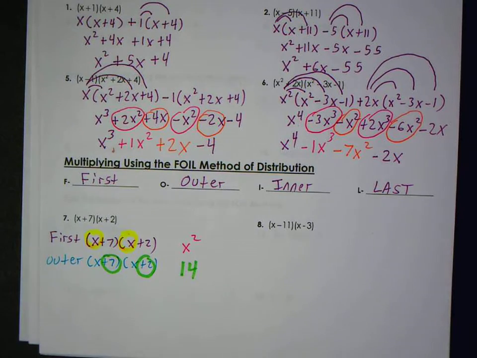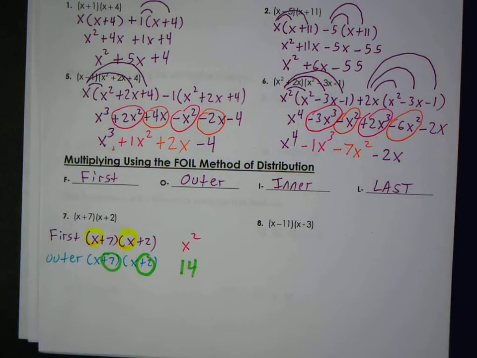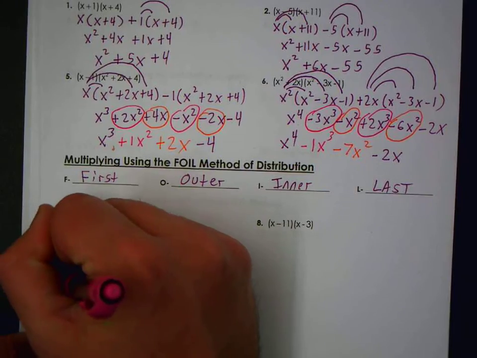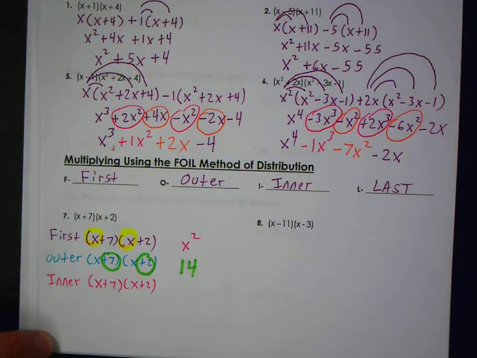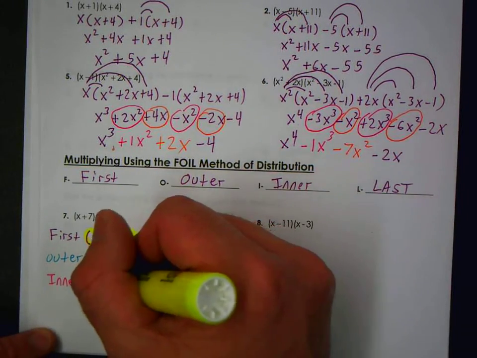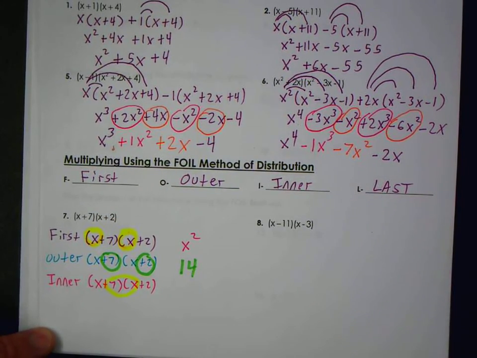I've seen outer also defined as x times 2, outer on the outside. Actually, looking at that, that's what it should be. And then inner, I'm just going to go with what I have. Inner would be these two, so that's 7x.